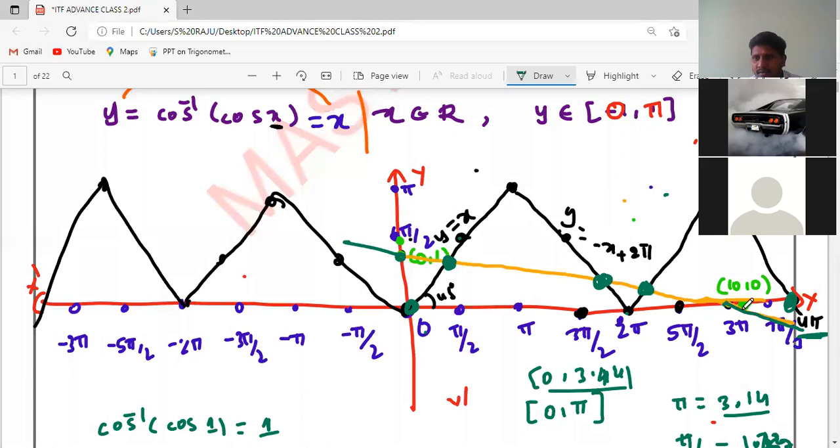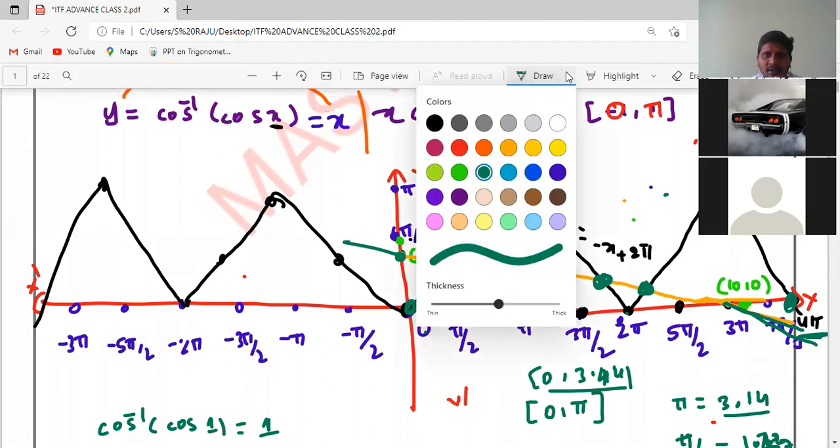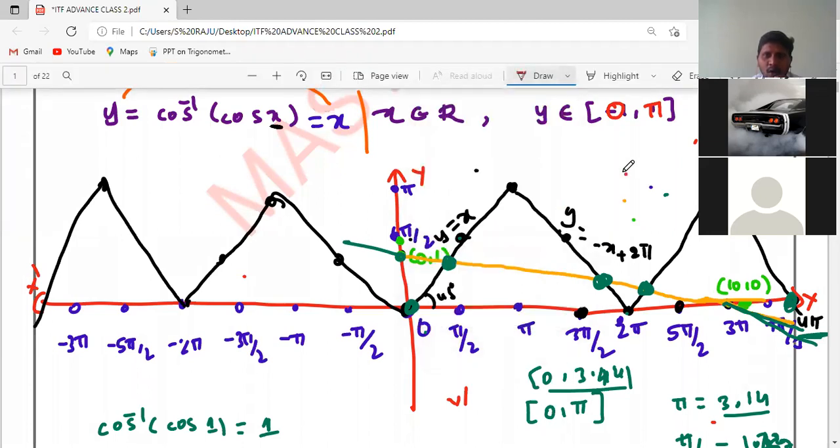But see here, it tends to go below the x-axis. Below the x-axis, cos inverse of cos x does not exist. Okay, so how many intersection points are there? You draw the line. The common points to the line as well as cos inverse of cos x is 3. Am I right? These are the 3 solutions to the given equation. Is it clear?